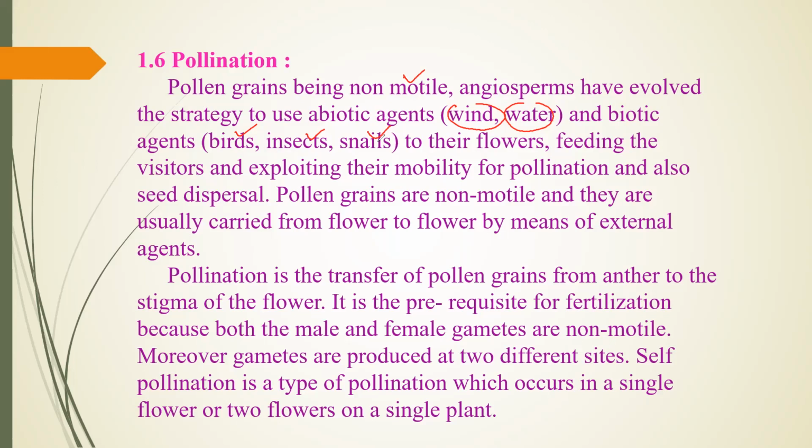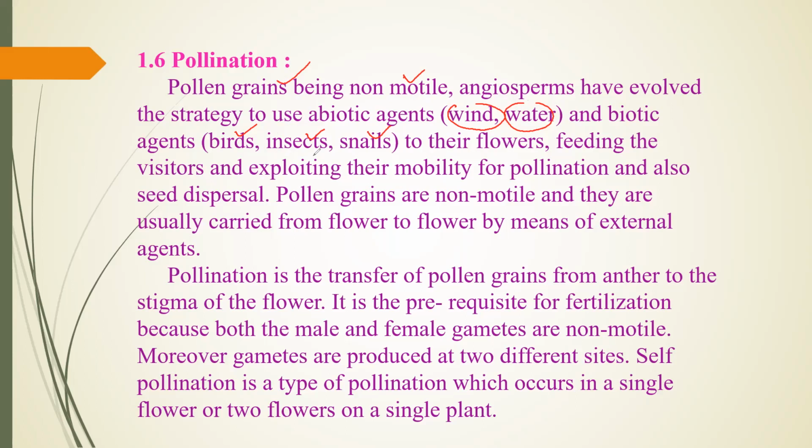So whatever pollen grains are present in one flower are going to be transmitted to another by abiotic agents like wind and water, or biotic agents like birds, insects, and snails. So feeding the visitors and exploiting their mobility for pollination and seed dispersal.